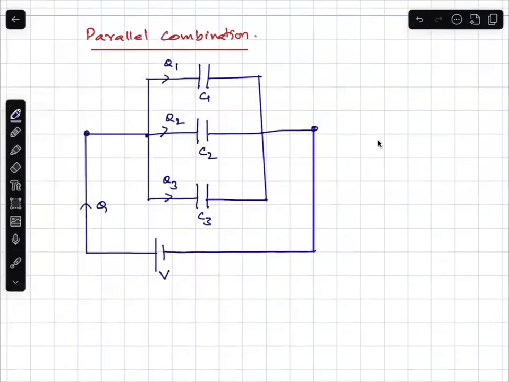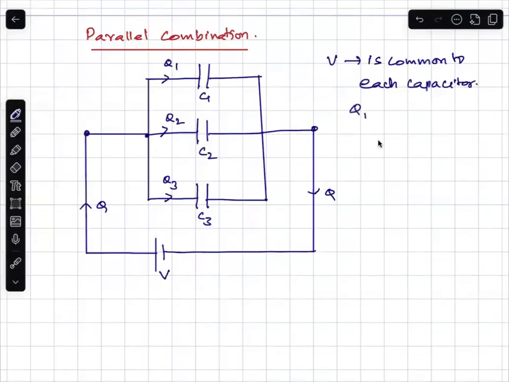Three different tanks, different capacities. Q1, Q2, Q3. Thereafter they will merge and return as Q. That's how you represent a cycle. Now in this case, what is common to each capacitor? Potential V is common to each capacitor.